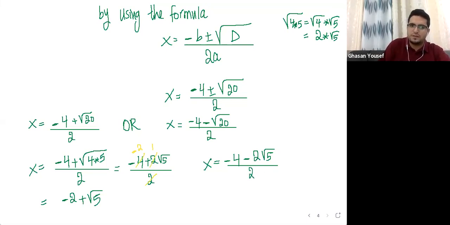Now, like I said before, I have to divide the 2 into both terms. Minus 4 divided by 2 gives me minus 2, and 2 divided by 2 gives me 1. So the final answer for this one is x equal minus 2 minus the square root of 5.